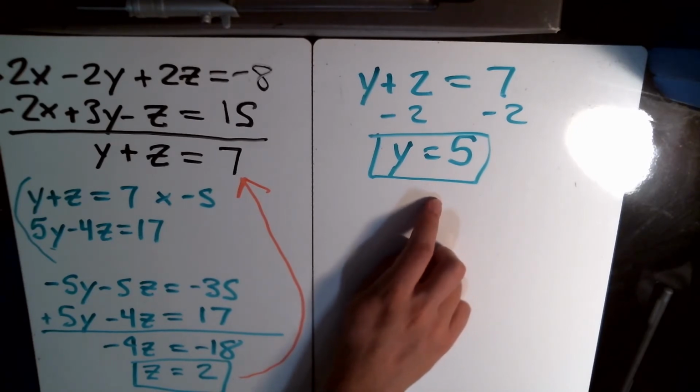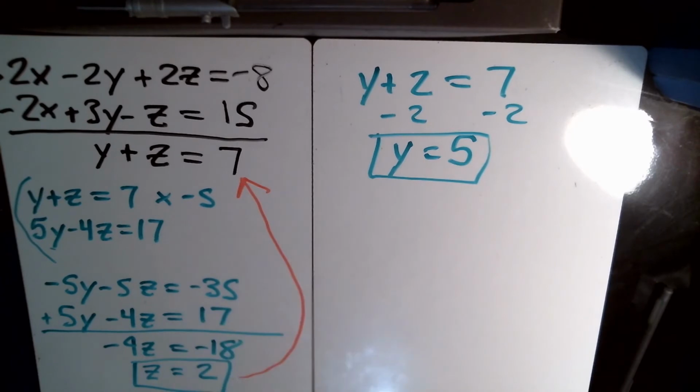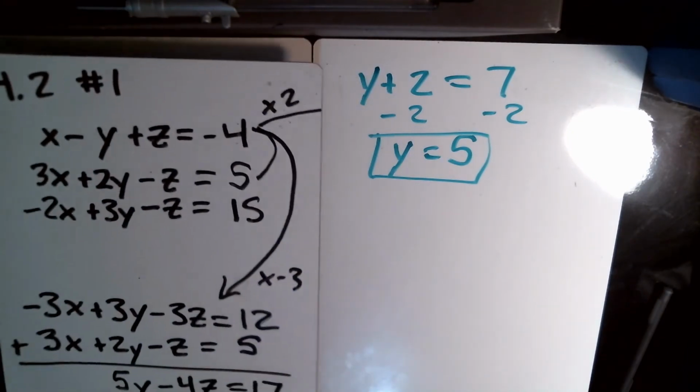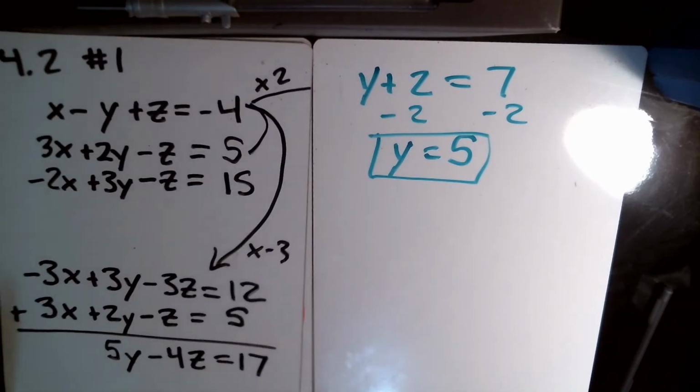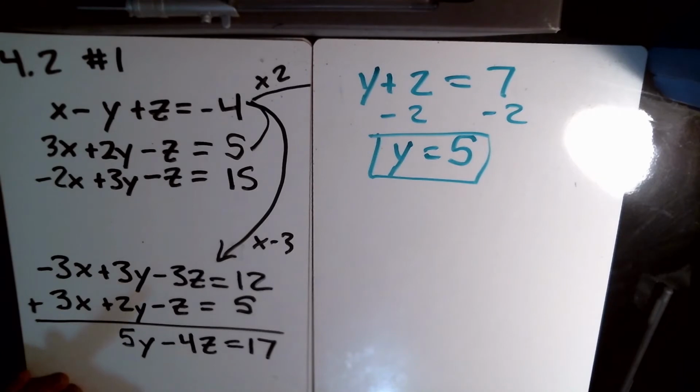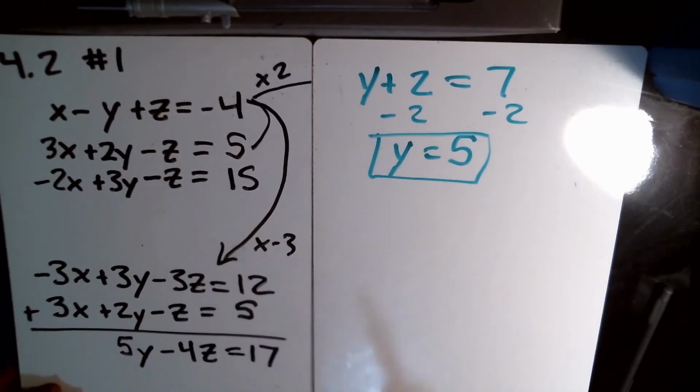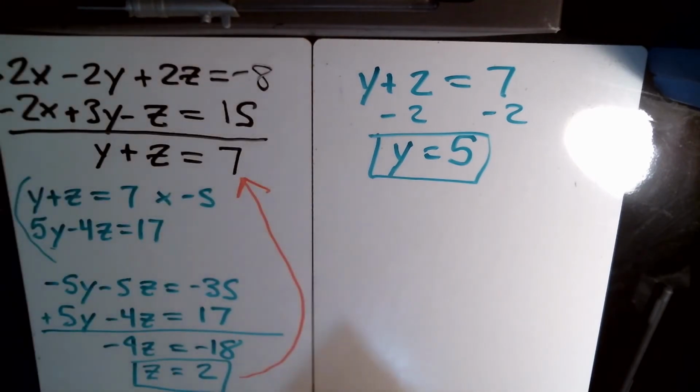So that's where I would go back to one of my original equations, and it doesn't matter which one. I'll maybe bring them up again. One of my original equations out of these 3, I'm going to plug in the y and the z that I found right here. I'm going to plug those into one of the equations and find x.